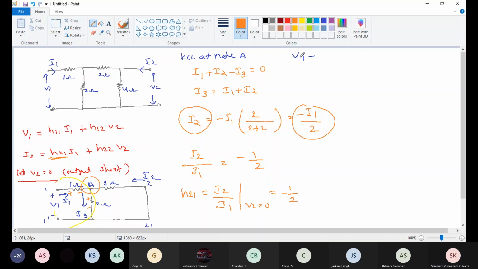Tell me, minus to plus, this is plus V1 minus 1 into I1, then minus 2 I3 equals to 0.